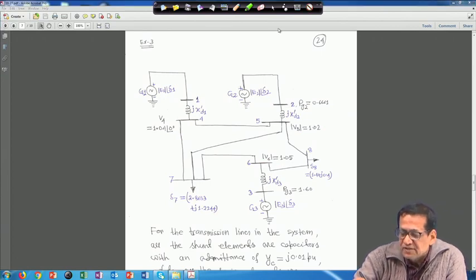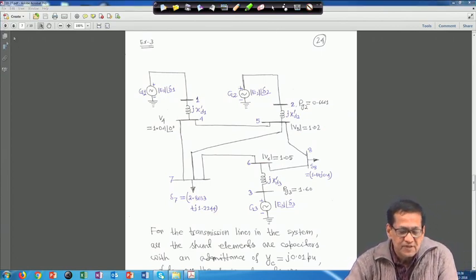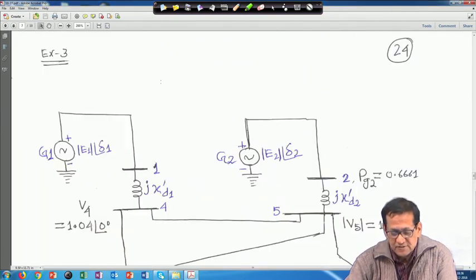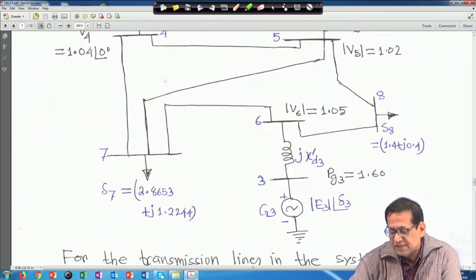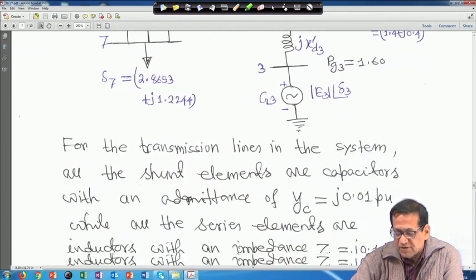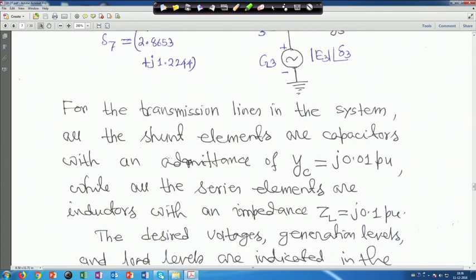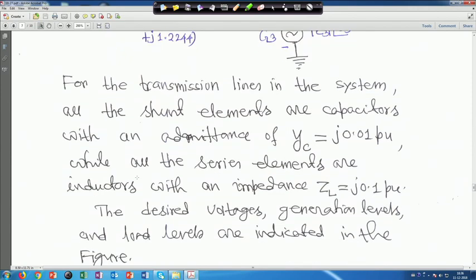Just hold on, let me enlarge it now. So, this is the diagram I showed you. Now for the transmission lines in the system, all the shunt elements are capacitors with an admittance of Y c equal to J 0.1 per unit, while all the series elements are inductors with an impedance of Z L equal to J 0.1 per unit.